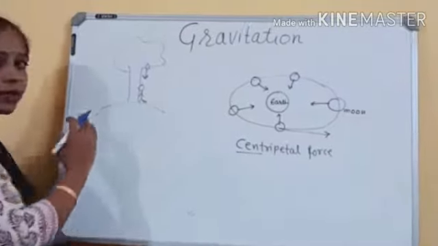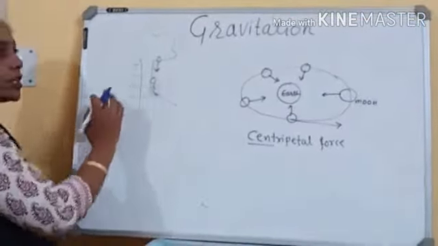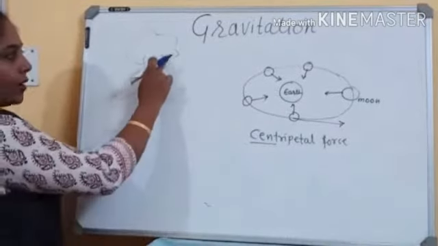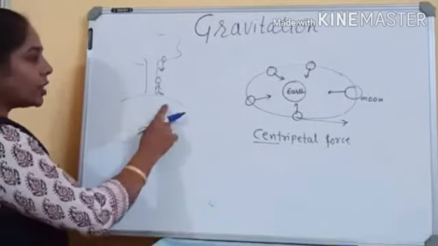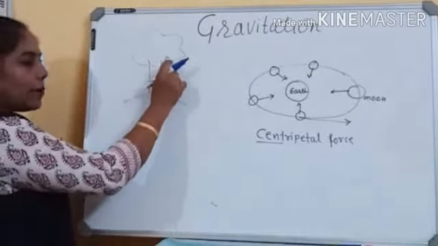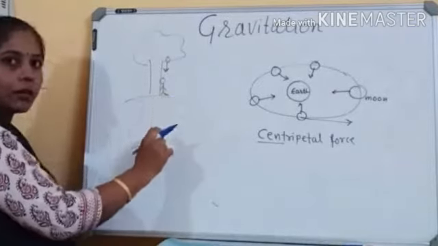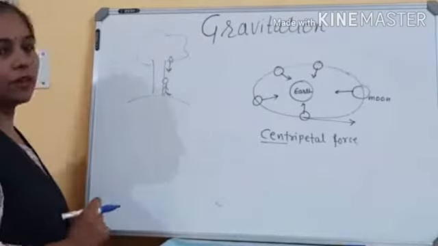Let us see whether the earth accelerates towards the apple, because Newton's third law says that for every action there is an equal and opposite reaction. If the earth is attracting the apple, is the apple also attracting the earth, and due to that does the earth accelerate? That we will see.